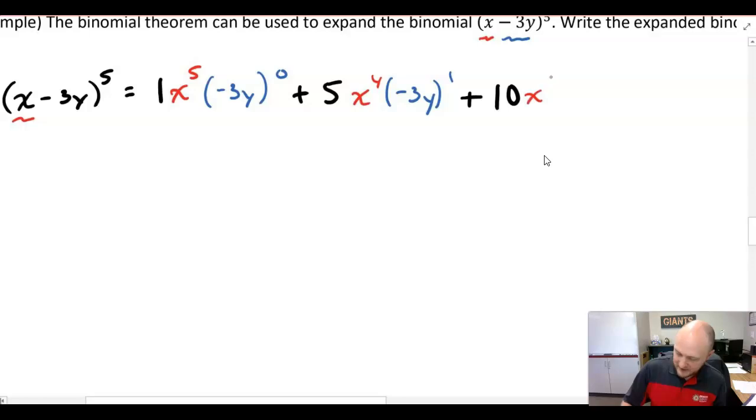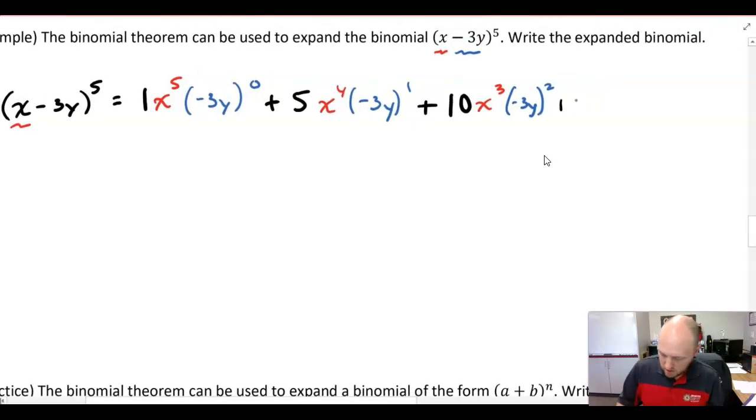10 x to the power of 3, and then we have negative 3y to the power of 2. Okay, plus 10 x to the power of 2, negative 3y to the power of 3.